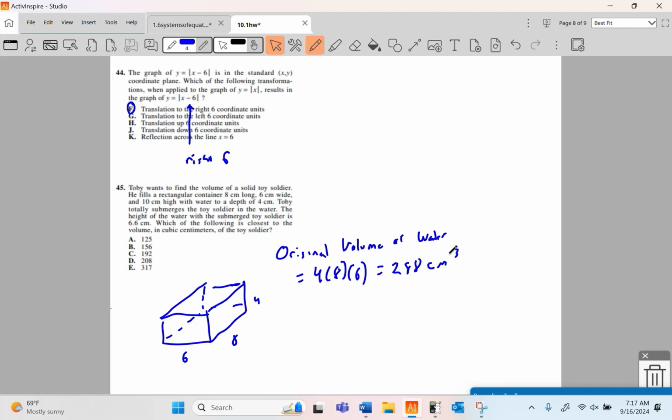That seems right. Let me double check that. That's probably too high, isn't it? 24 and 60. Yeah, I'm off. It's 192.